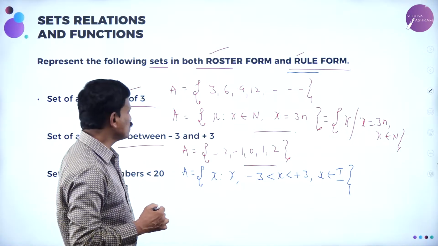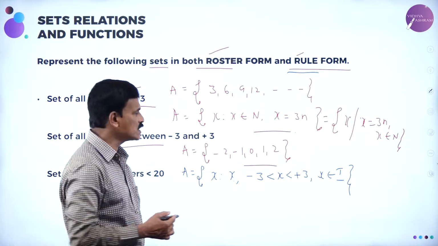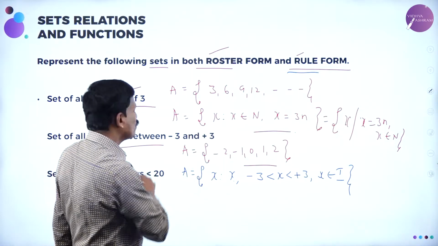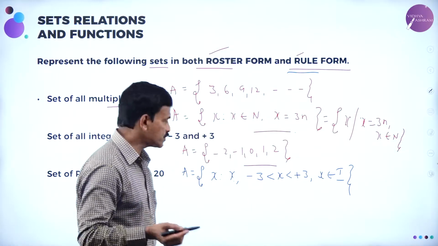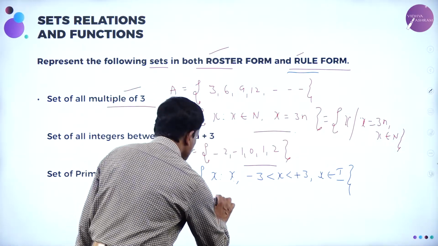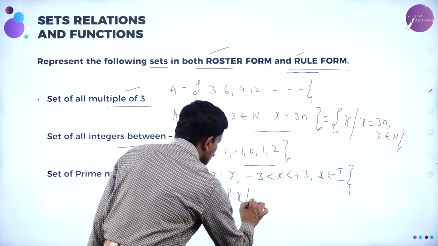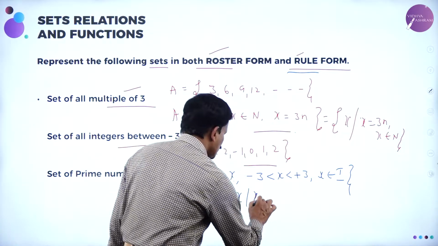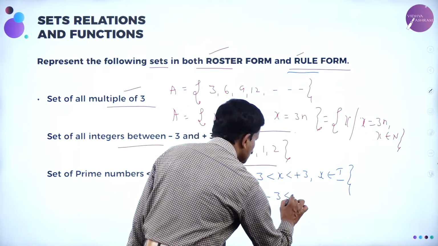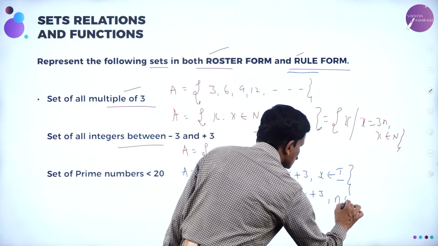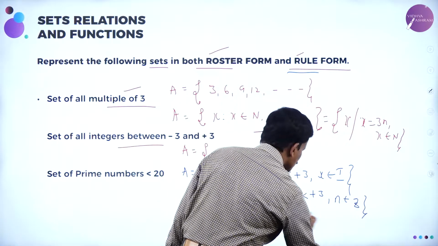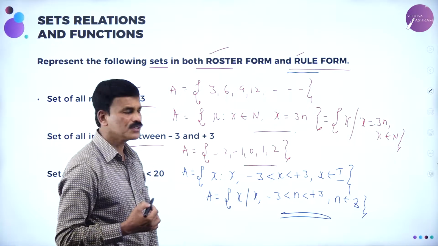So this is the representation of the values between -3 and +3 in set builder form. Or this can also be written like this: A is equal to x such that -3 less than n less than +3, where n belongs to the set of integers Z. This is how we are going to represent it.